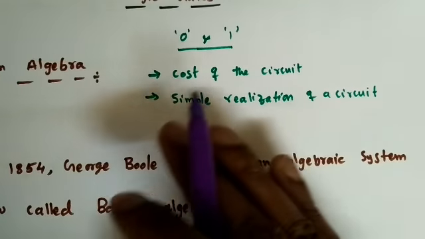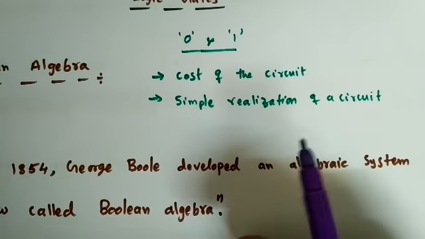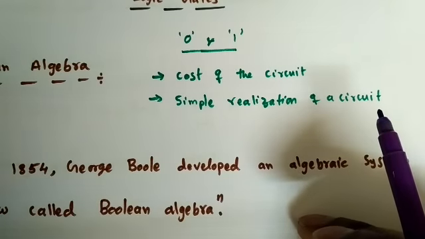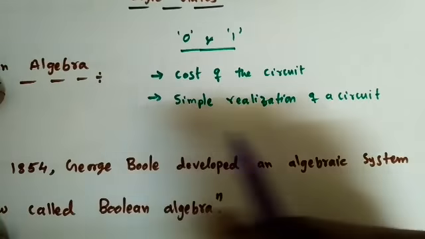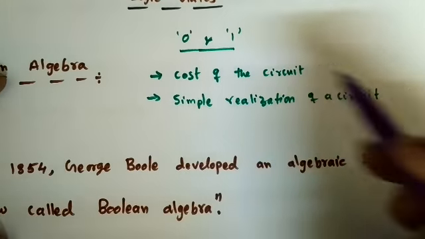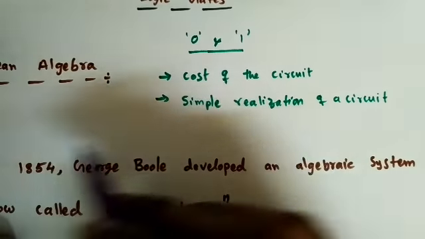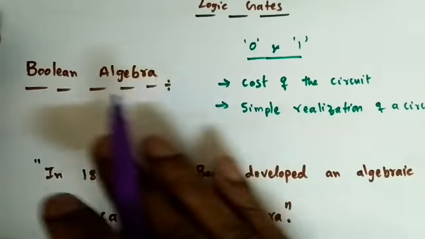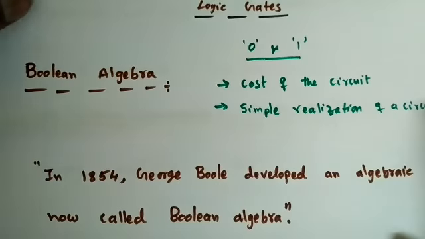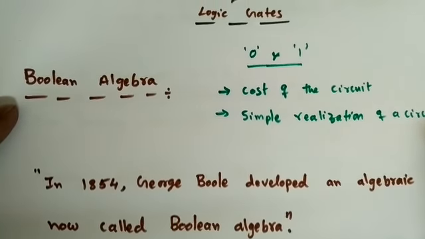Similarly, when we deal with only two values, 0 and 1, we should follow some set of rules and theorems. When we follow those theorems, we can reduce the cost of the circuit or simplify its realization. That is why Boolean algebra was developed. It contains its own rules and regulations, so we'll deal with that first.